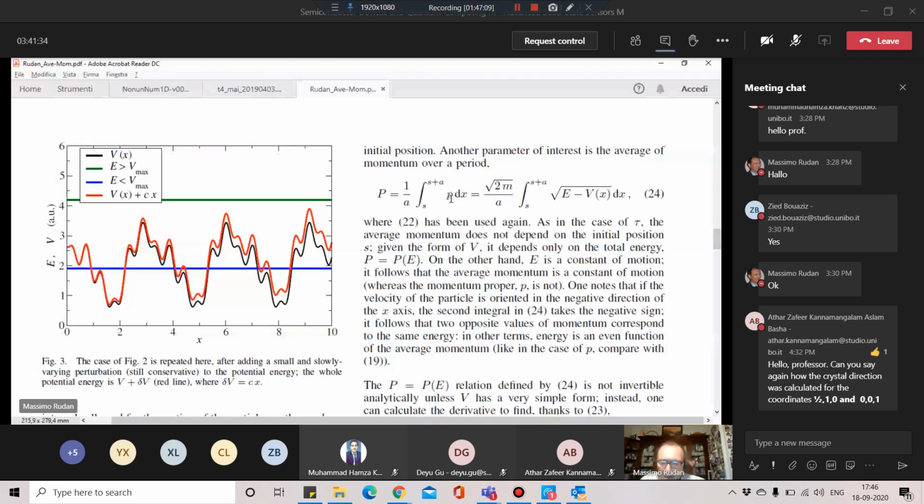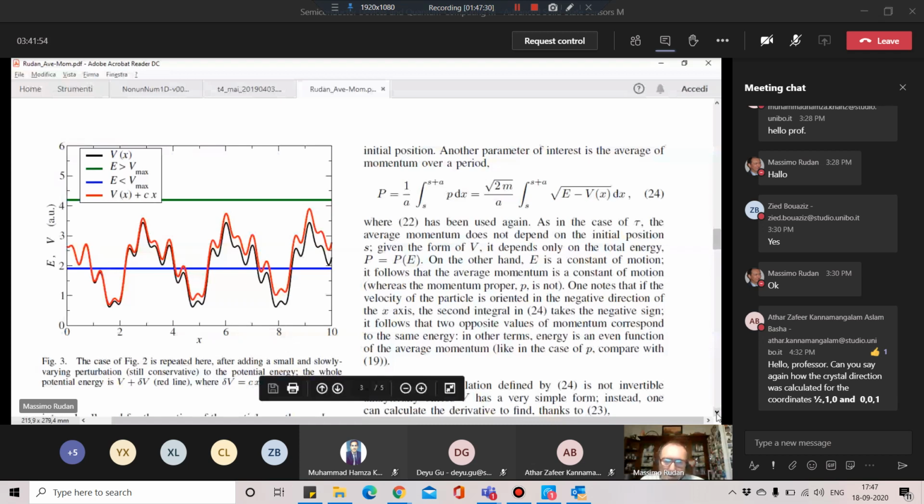And velocity was expressed a minute ago. Velocity was expressed as a function of position in equation 22. Okay, so if you multiply by the mass here and there, you have momentum as a function of position.